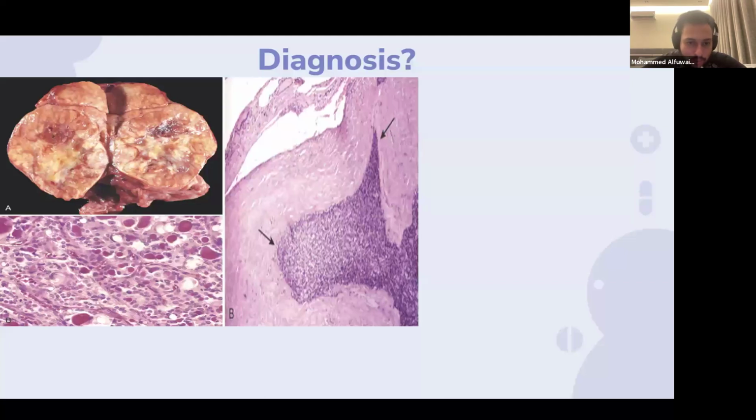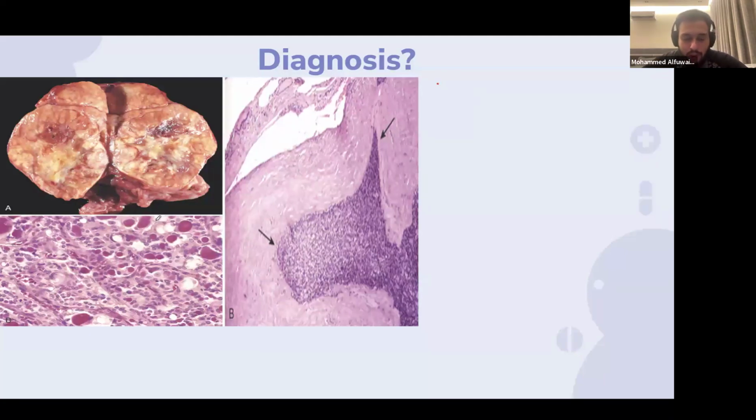Now, this tumor, what is the diagnosis? Follicular thyroid carcinoma. Good.